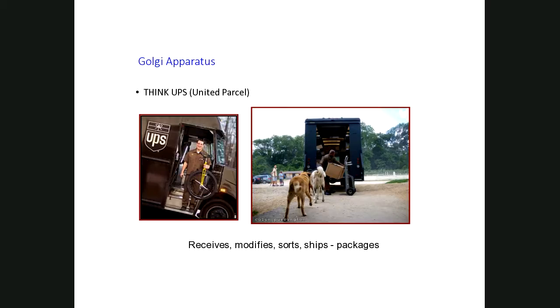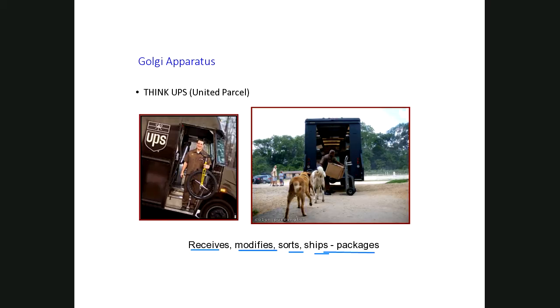The dogs in my neighborhood love the United Parcel guys that bring me packages. What they do is they receive packages, modify those packages, sort those packages, and ship those packages to your house. And that's exactly what the Golgi apparatus does.